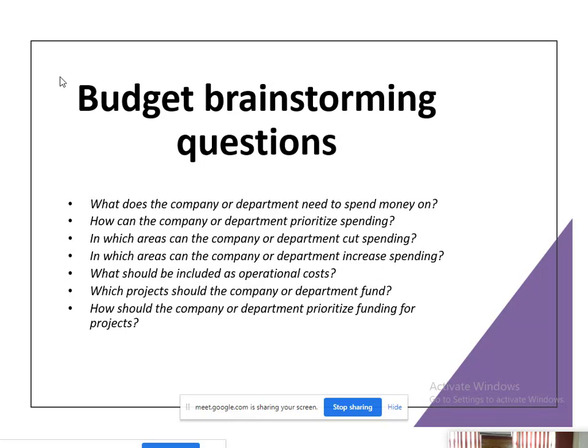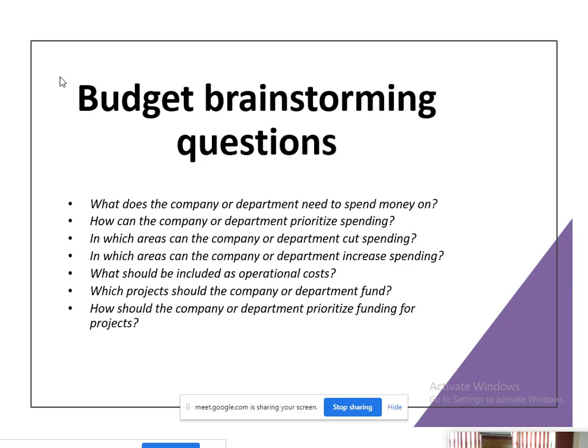Next point, how can the company or department prioritize spending? Every investment should have a prioritization. They should have a meeting with their teammates and prioritize their spending. There should be teamwork whenever, as an entrepreneur, we are working somewhere. Third point, in which areas can the company or department cut spending?